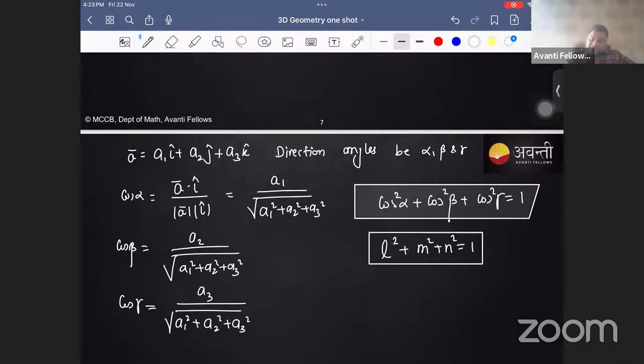This is very standard notation for direction cosines. So if cos alpha, cos beta and cos gamma are direction cosines, then cos square alpha plus cos square beta plus cos square gamma is 1, meaning L square plus M square plus N square is 1.